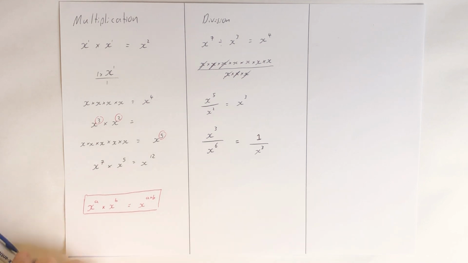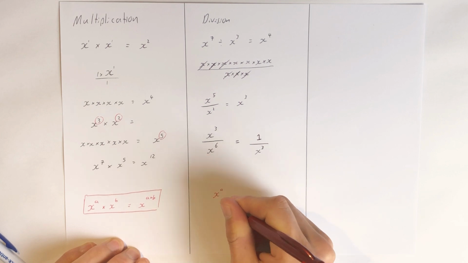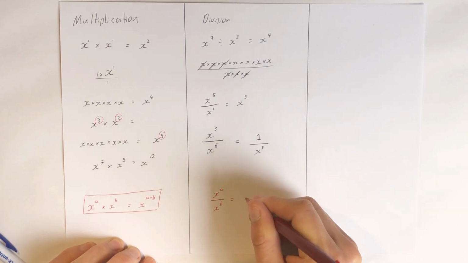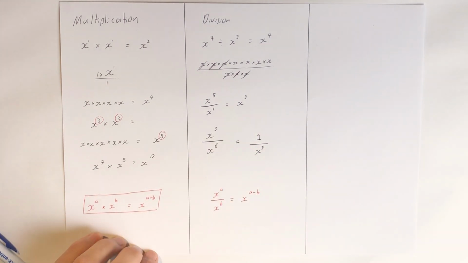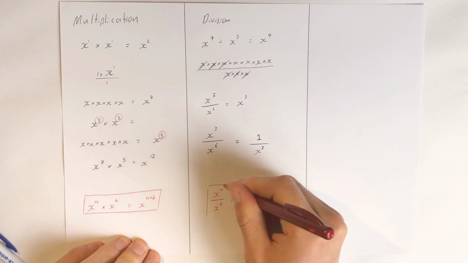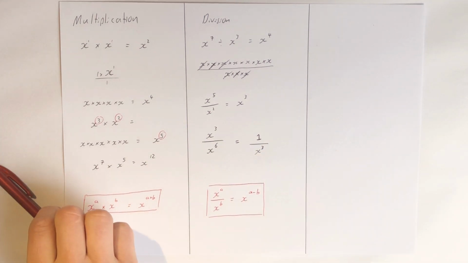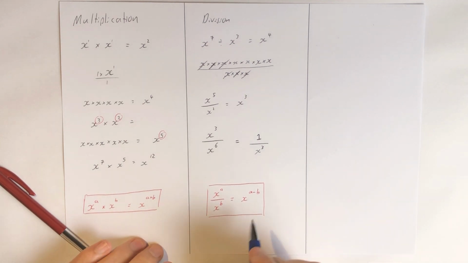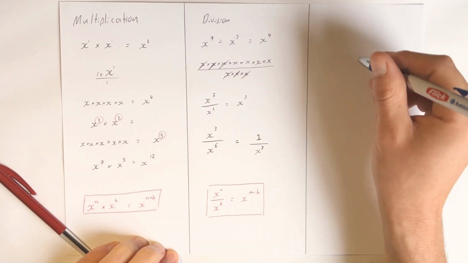And so our general rule for this is any power of x divided by any other power of x is x to the a minus b. And so I need to go forward and show you some little examples where you might have a bit of trouble. So let's do a real simple example.